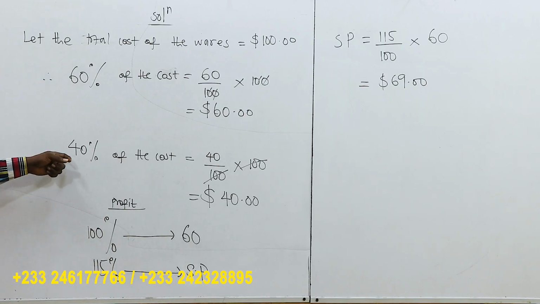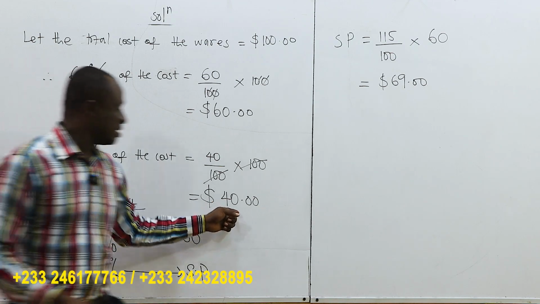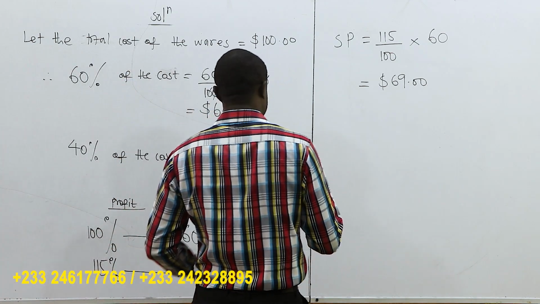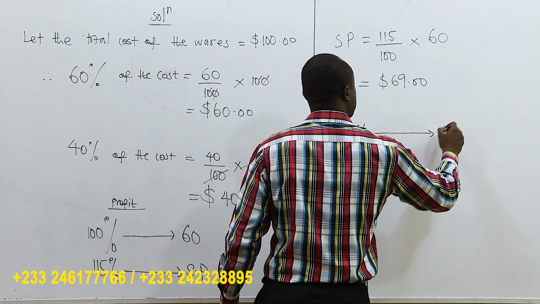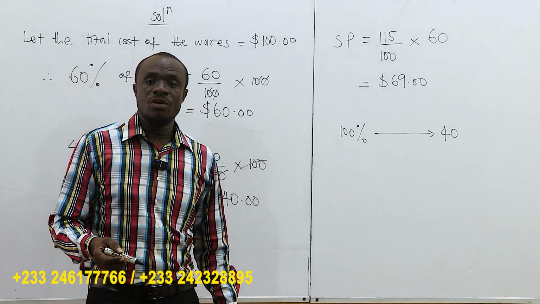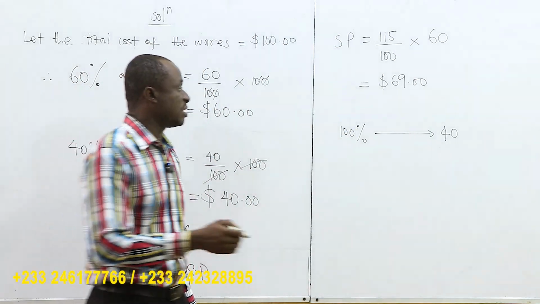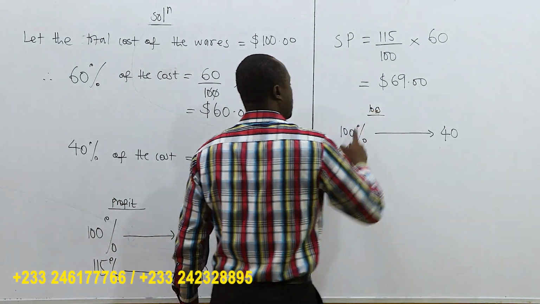Now let's also come to the 40% of the cost of the wares. We have it to be $40. So 100% is also mapping to the $40. It is at a loss of 55%, and because it's a loss of 55%, we subtract it from 100.